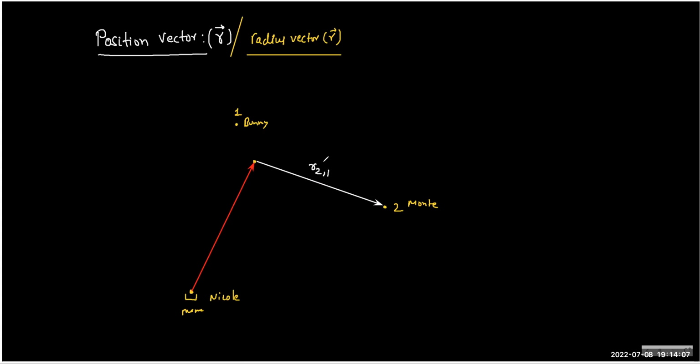So we use double subscript notation because I have taken the mama as the origin. So whatever mama will tell, that's the single subscript notation. So now if you ask your mama, if you ask Nicole where is the Monte, she will point her finger like this.